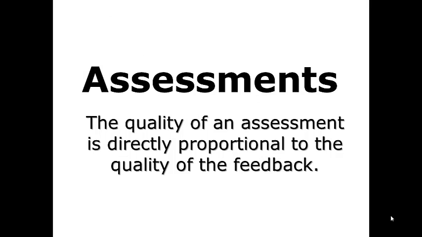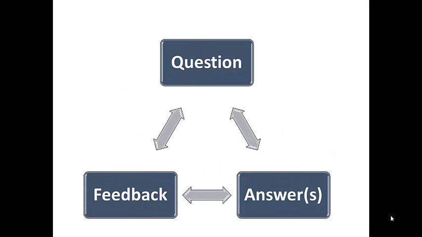Remember, the quality of an assessment is directly proportional to the quality of the feedback. You produce the question, the answers, and then the feedback, which in turn will feed back upon the question. Because if the feedback does not address the question properly, then the answers will not correlate properly, and neither will the feedback. So this produces a loop.